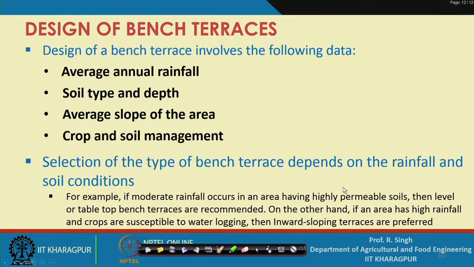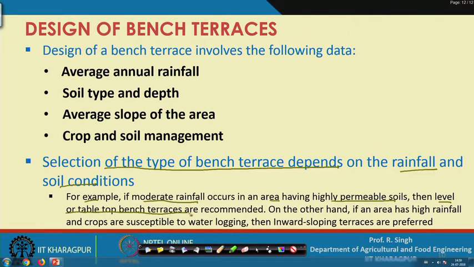Now, selection of the type of bench terrace, which is the first design decision we have to make, depends on rainfall and soil conditions. Already we have seen there are three types of terraces and their adaptability. So, for example, if moderate rainfall occurs in an area having highly permeable soils, then level or tabletop bench terraces are recommended.